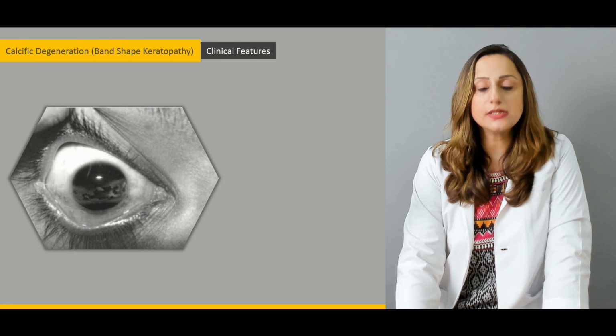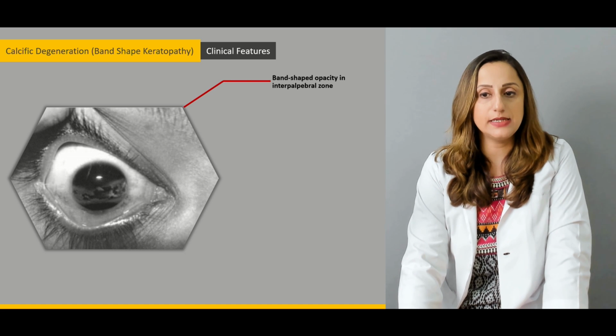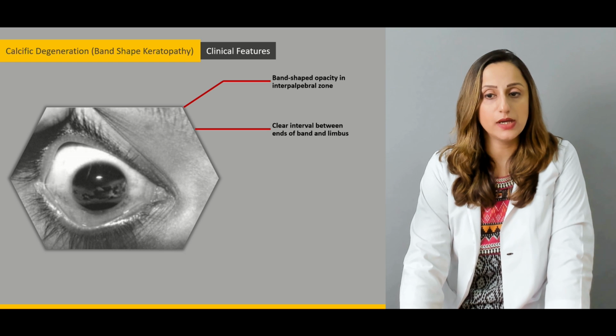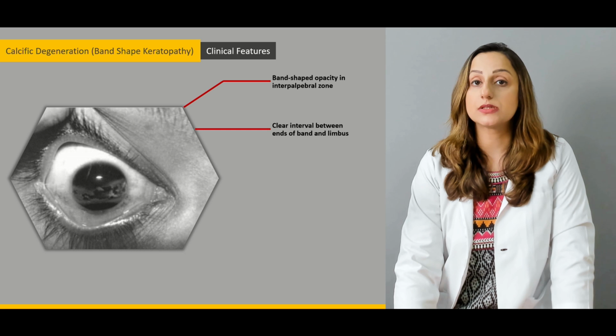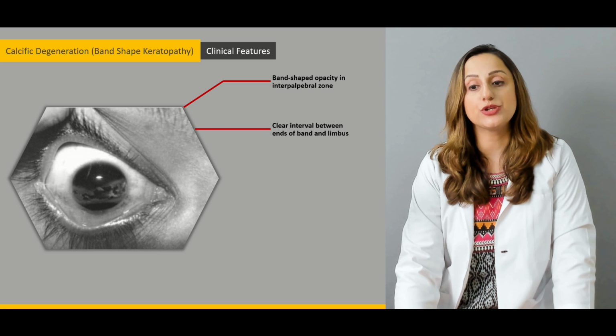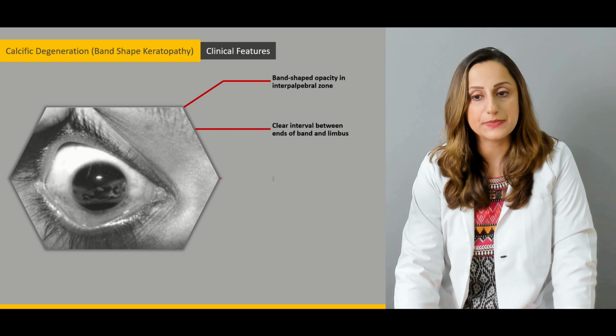Now, the particular clinical features that the patient would come up with are the band-shaped opacity in the interpalpebral zone. Then, if you look at the patient, quite noticeably you're going to see that there is a clear interval between the ends of the band and the limbus.